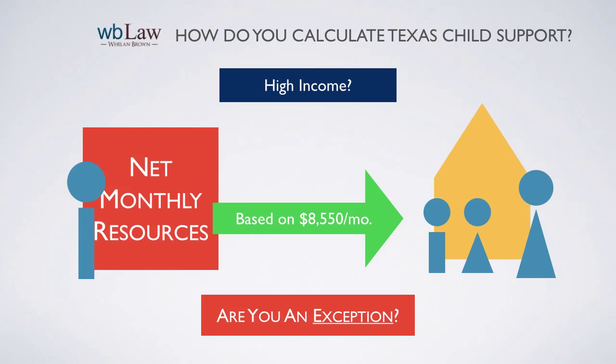Now, I say that $8,550 is a soft cap because it's possible to show the court that your children actually need more than that $8,550 in resources would provide, and we'll talk about that in just a second. But theoretically, if you got a high income, the court will base the number on a max of $8,550 in net monthly resources, and again, multiply the percentage as applies in the case.